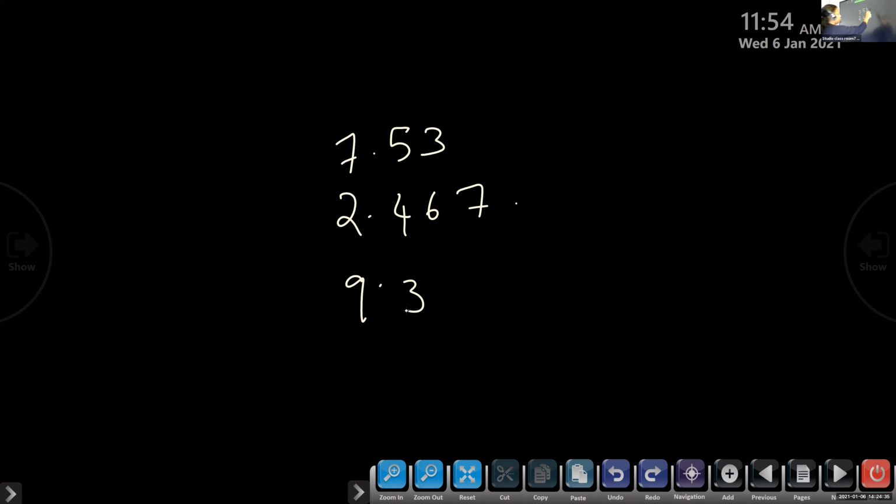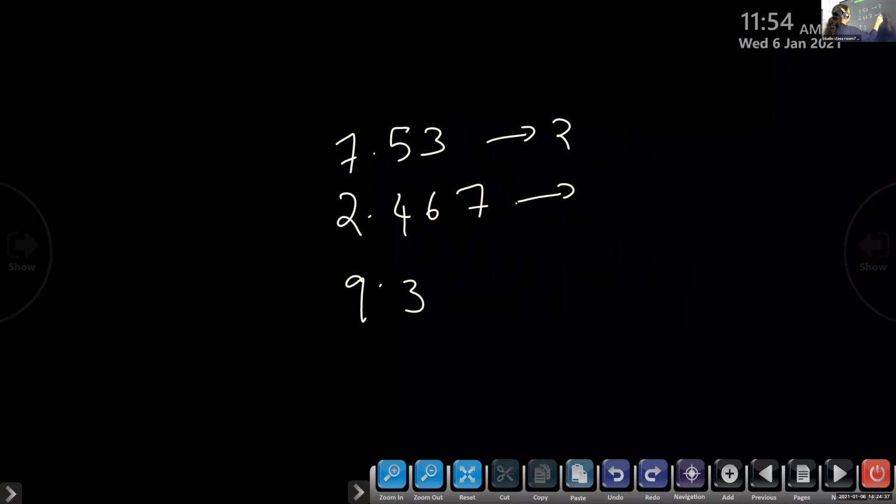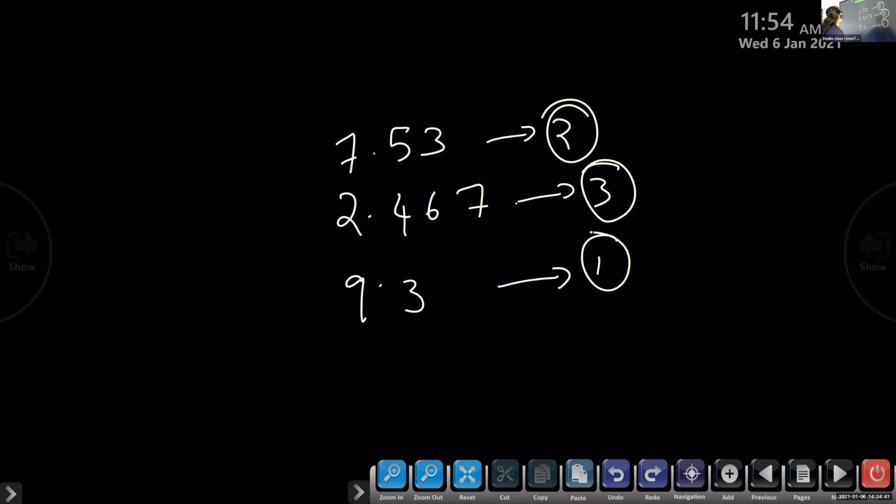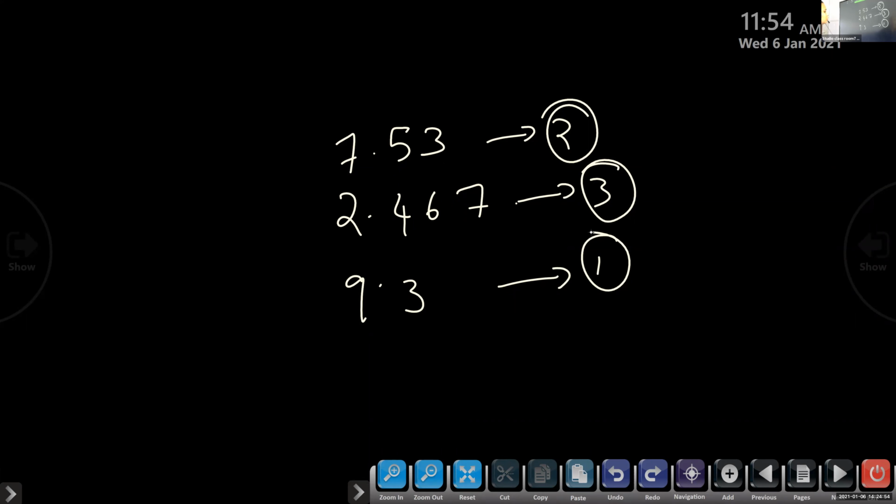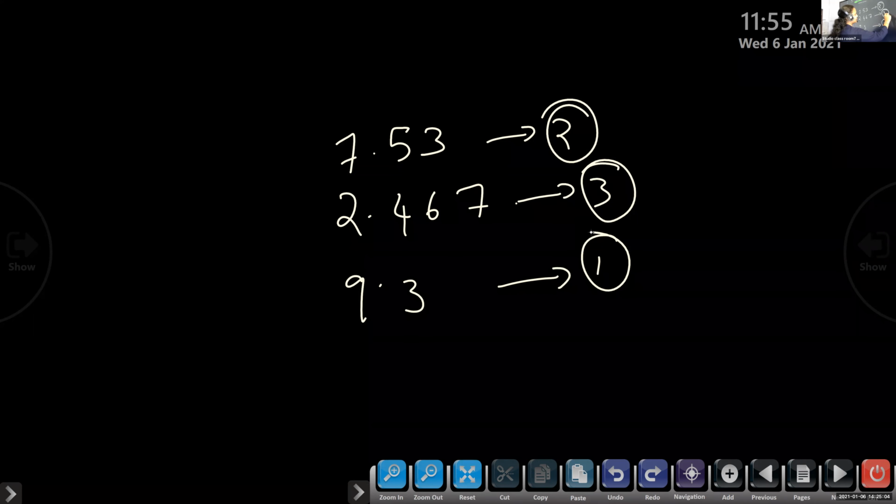Here we have 2, here we have 3, here I have only 1 decimal place. Okay. Then add zeros, but before adding zeros, you have to identify which number has more decimal places. Tell me, which number has more decimal places? 2.467.